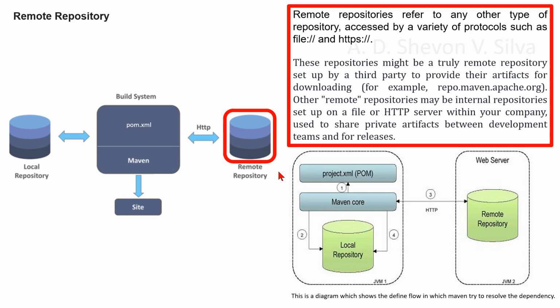For example, repo.maven.apache.org. Other remote repositories may be internal repositories set up on a file or HTTP server within your company, used to share private artifacts between development teams and for releases.